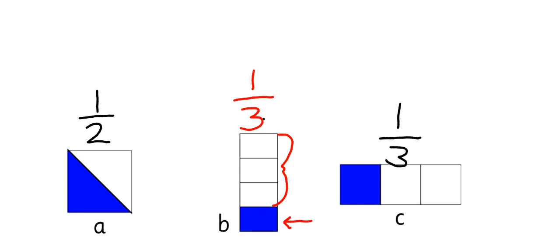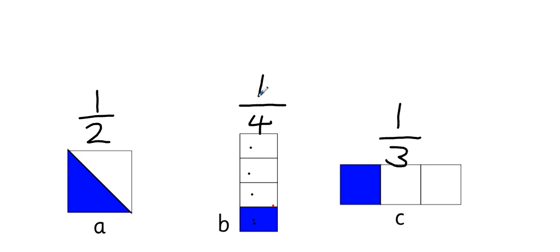It's not about how many aren't coloured in, it's about how many there were all together. That's why we must make sure that our bottom number tells us how many equal parts there were all together, and our top number how many are coloured in. Watch out for that. I'm going to explain a bit more about that later on.